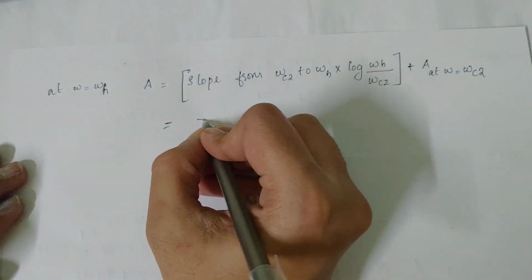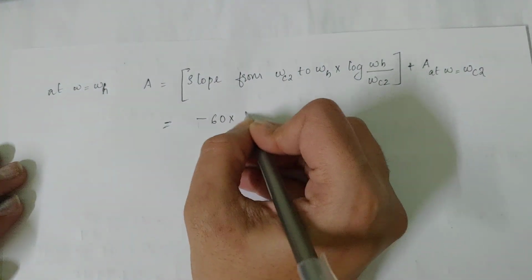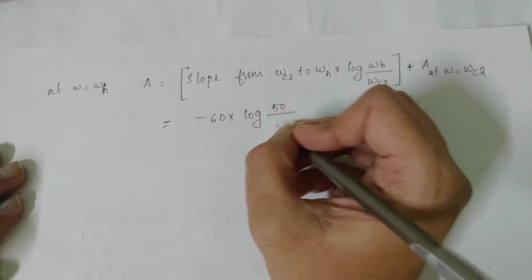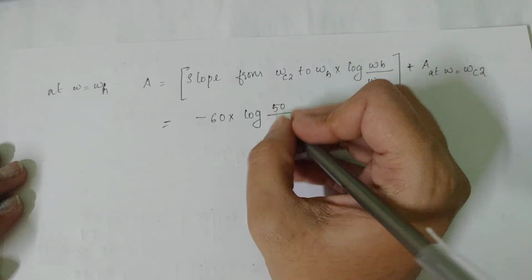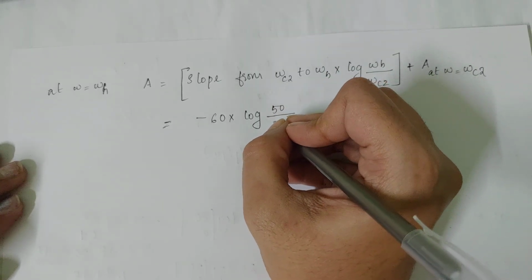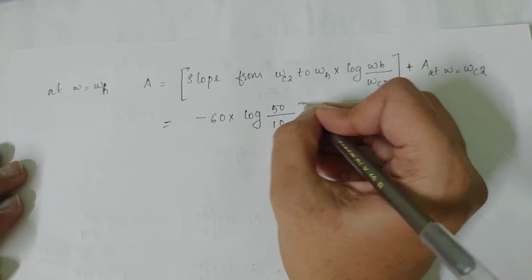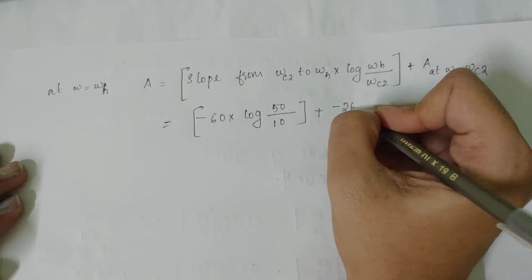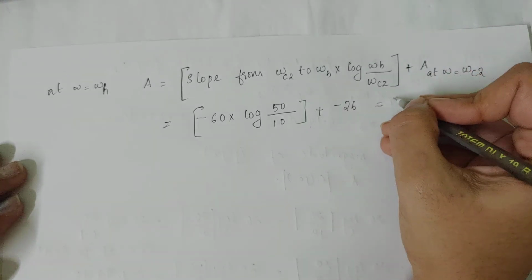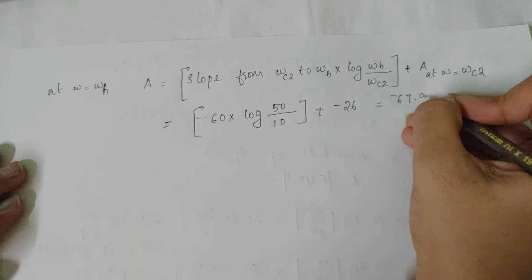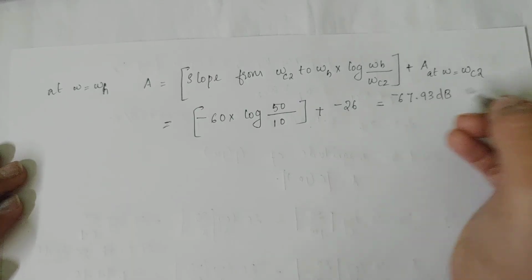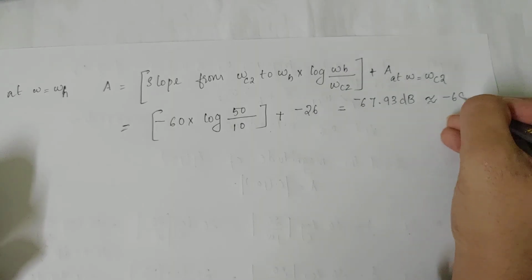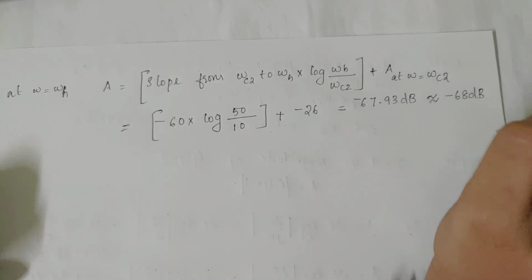So, minus 60 into log omega h, taken as 50, divided by omega C2, which is 10, plus minus 26, which is equal to minus 67.93 dB, approximated as minus 68 dB.